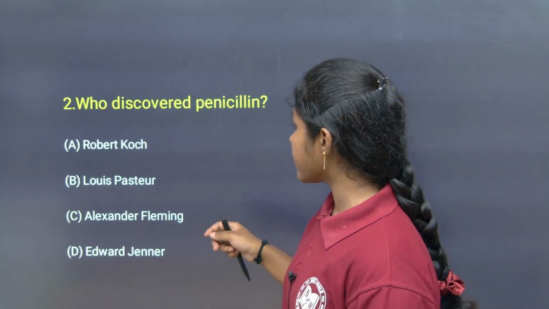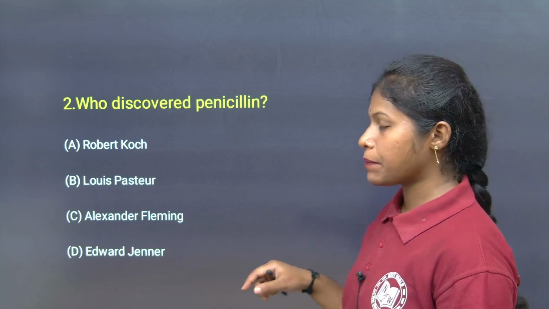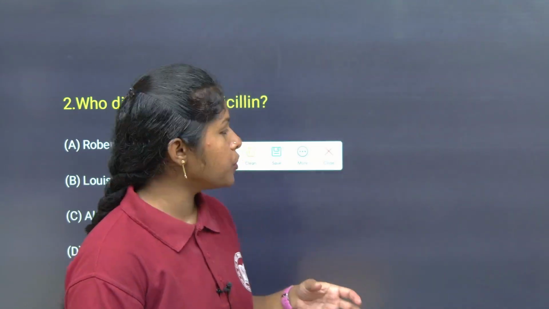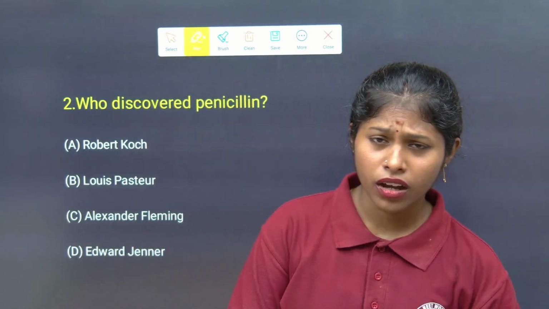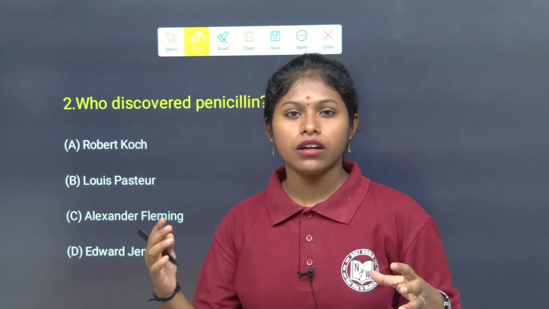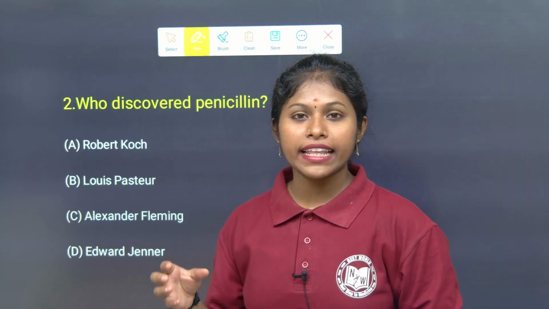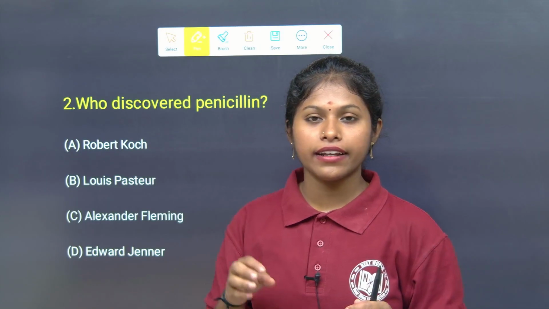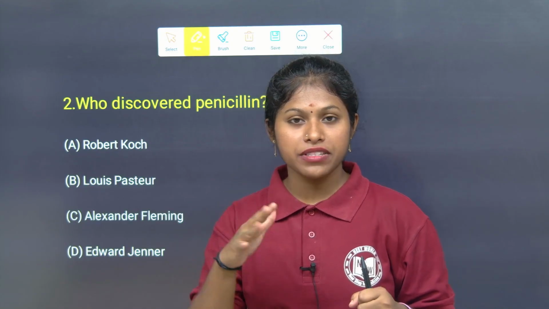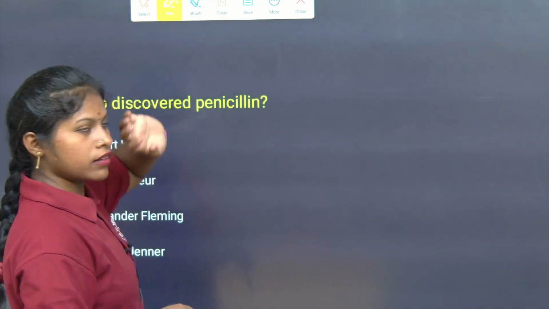It's a quite interesting story. He was doing experiments on Staphylococcus aureus. When he was doing that experiment, he left for some days and went away. When he returned, a small mold was present in the experiment, and it was suppressing the bacteria.